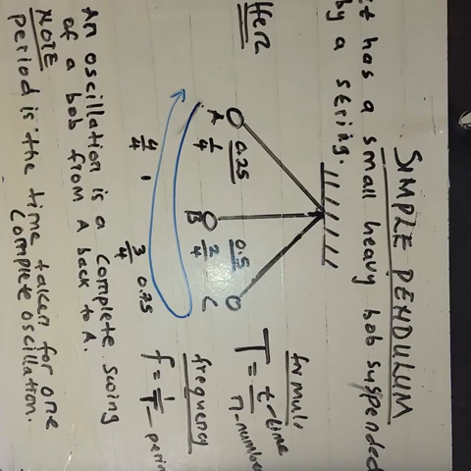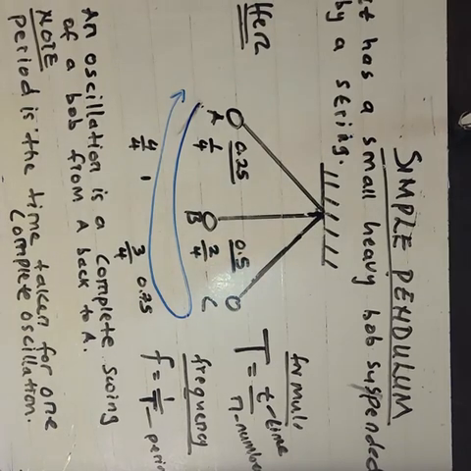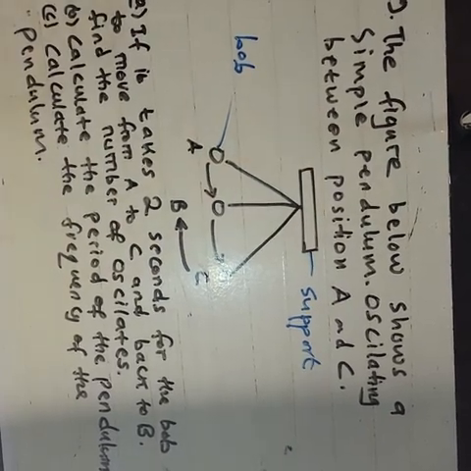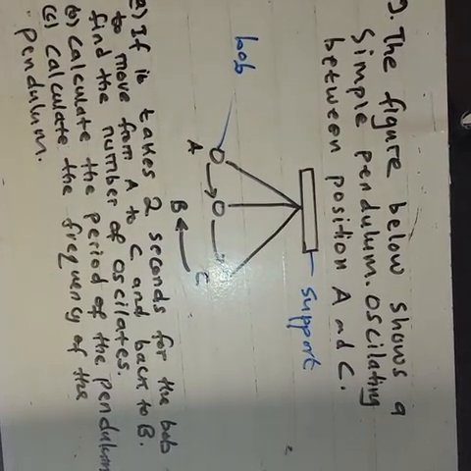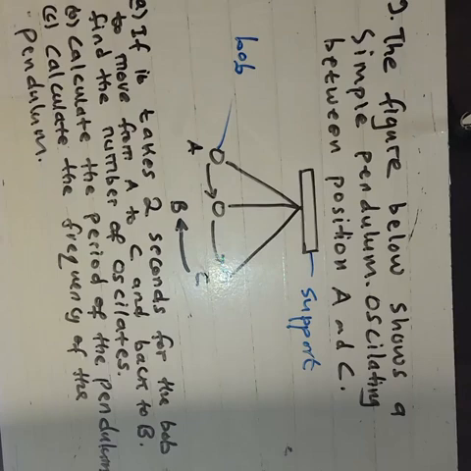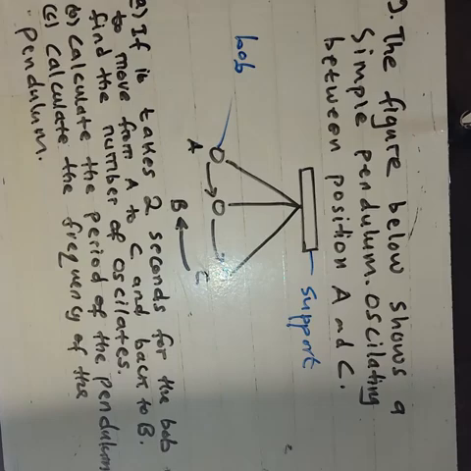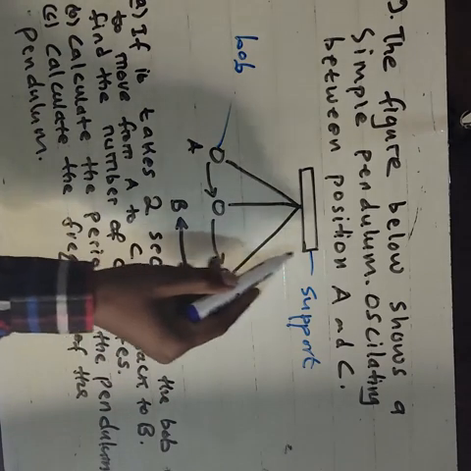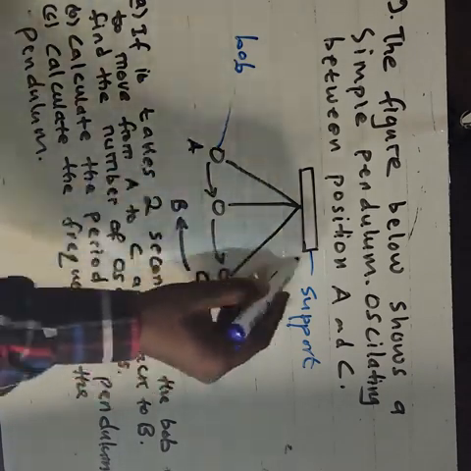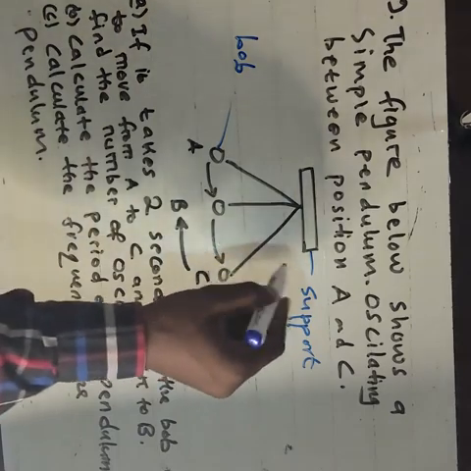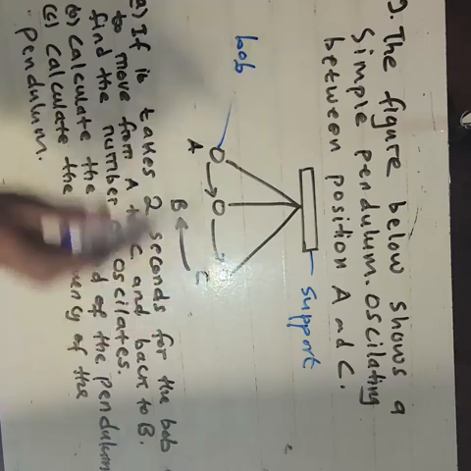Right. So let's do a practical example. The figure below shows a simple pendulum. This simple pendulum is oscillating between position A and C. As we can see there, this is our simple pendulum that's got a support. And mind you, this length also affects the swings.